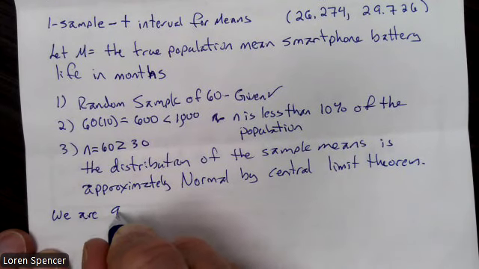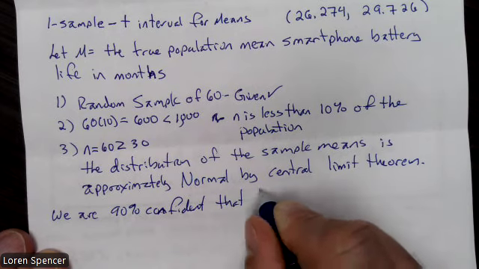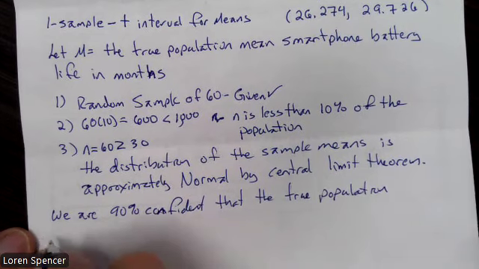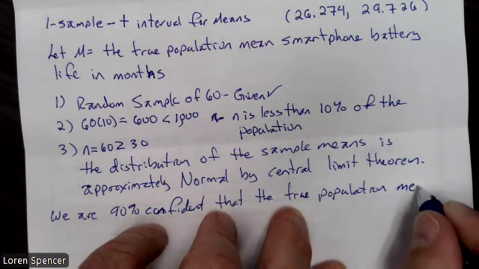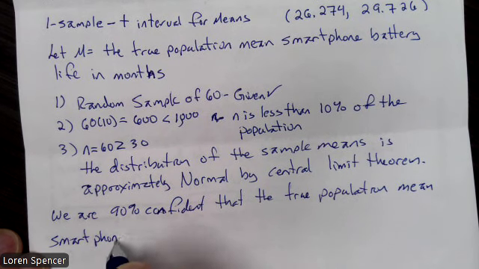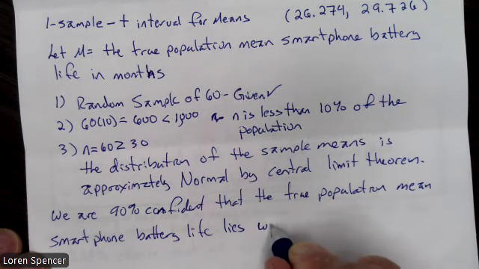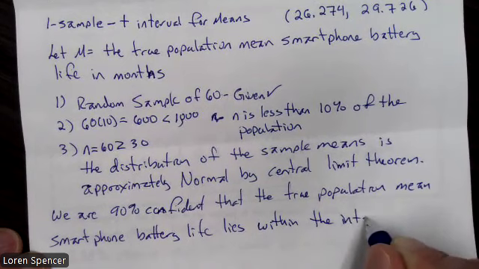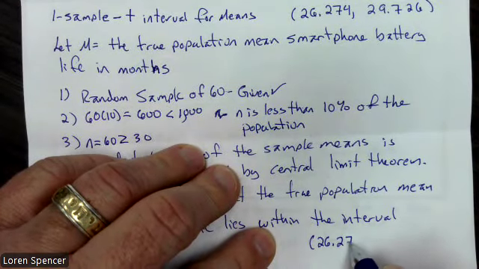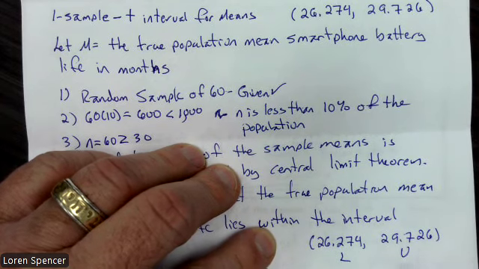We are 90% confident that the true population mean smartphone battery life lies within the interval, and there's our interval, 26.274, comma, 29.726. So there's our lower, there's our upper.